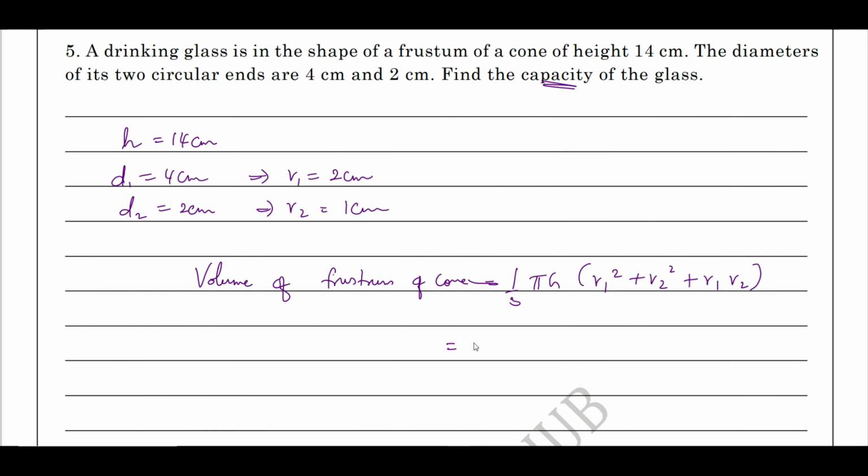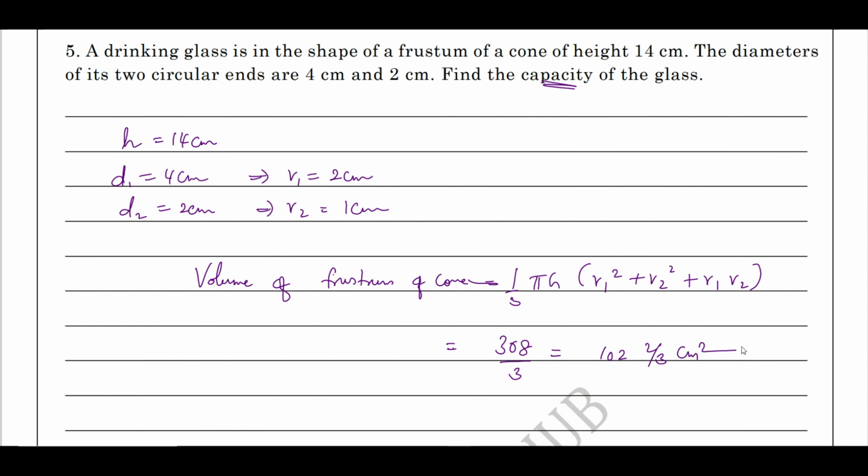Now substitute the values of h, that is height they have given, and simplify. What we get is 308 by 3. Students, try to simplify and try to find out the answer. Converting to mixed fraction, we get 102 2 by 3.